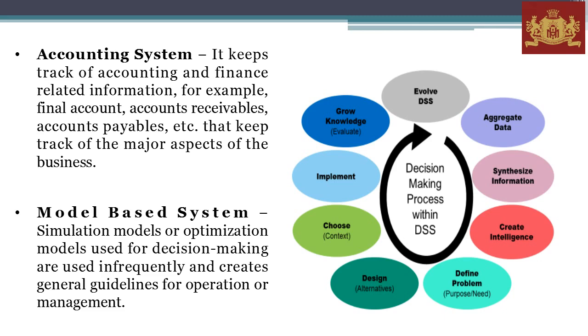For example, final accounts, accounts receivables, accounts payables, etc. that keep track of the major aspects of the business. Model-based system. Simulation models or optimization models used for decision-making are used infrequently and create general guidelines for operation or management.